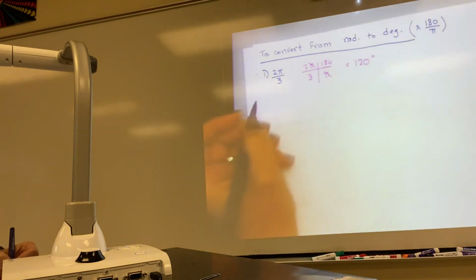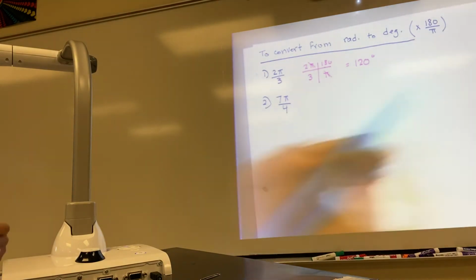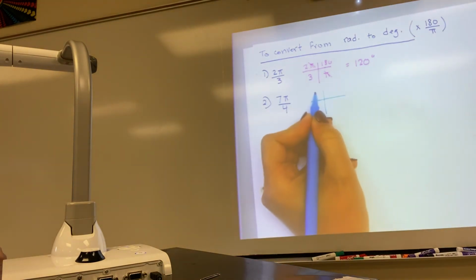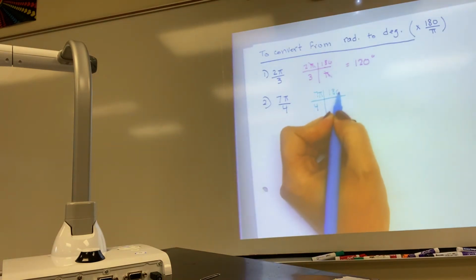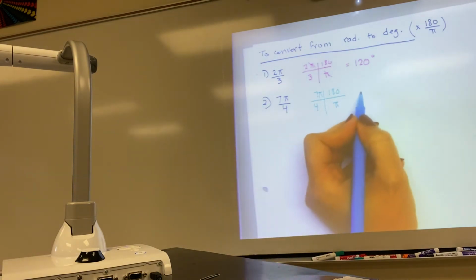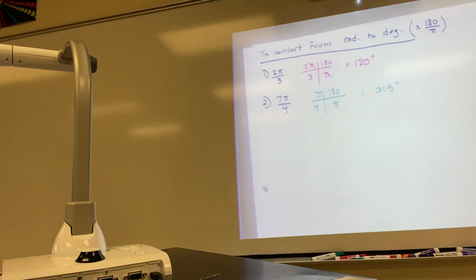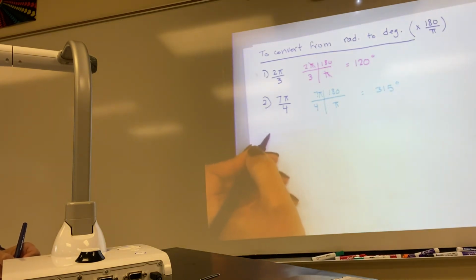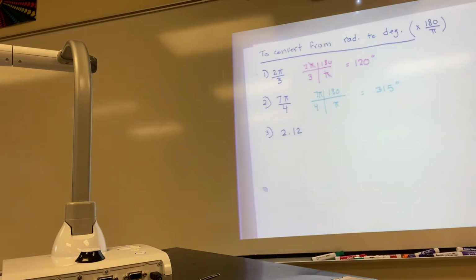Let's look at another example. This time we have 7 pi over 4 multiplied by 180 over pi. Cancel out the pi and reduce, and you will get 315 degrees. We'll look at the last one here. This time I have 2.12 in radians.